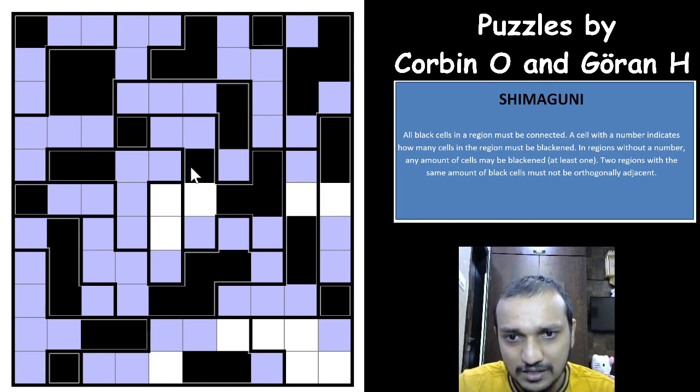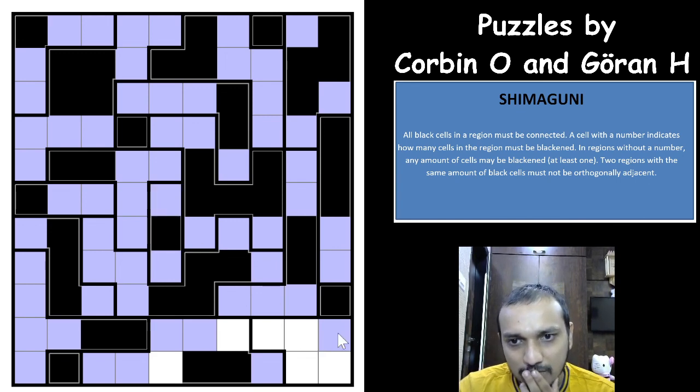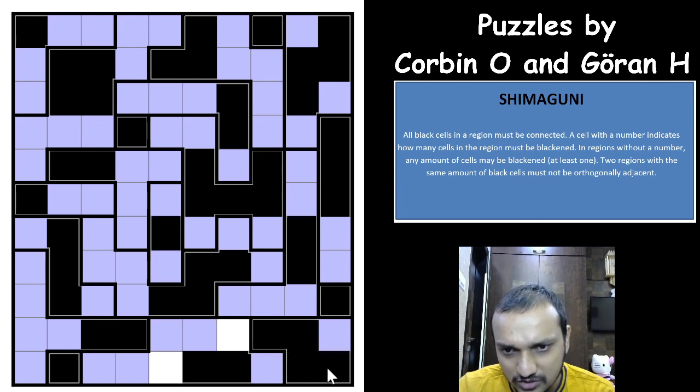So the only remaining shaded region is 5 cell shaded region. This becomes 1. Okay, so 1 and 2 is done here, 4 is done here. So this is 3, this is 4, and this is a 3 cell shaded region.